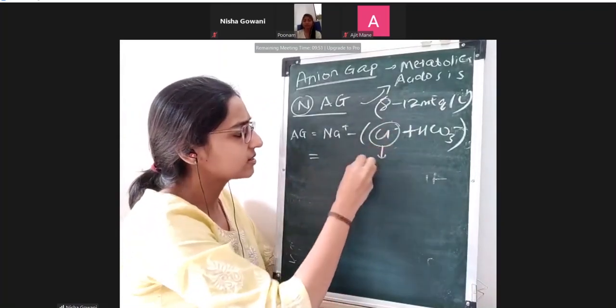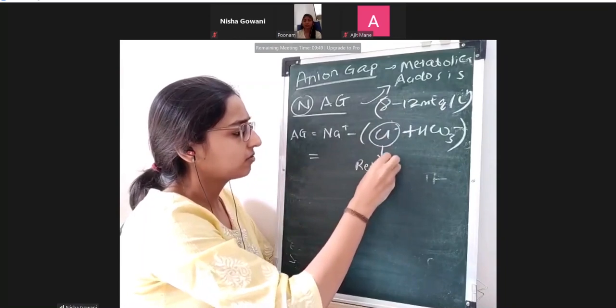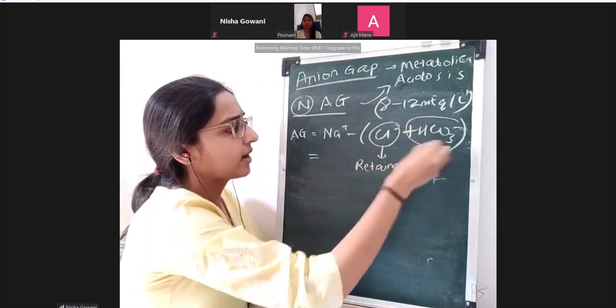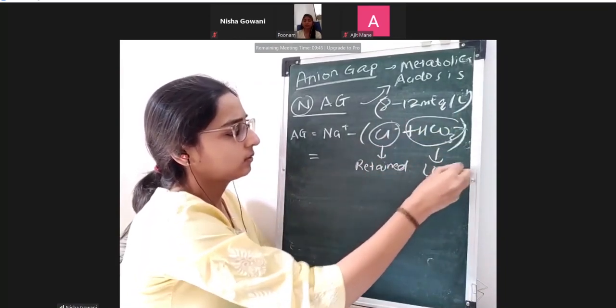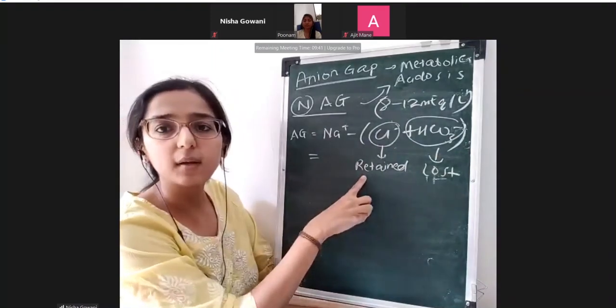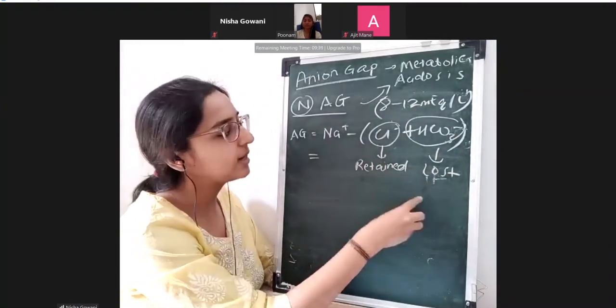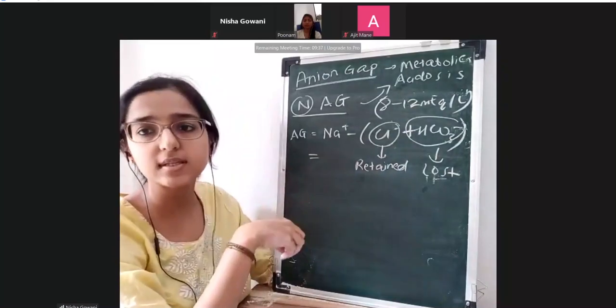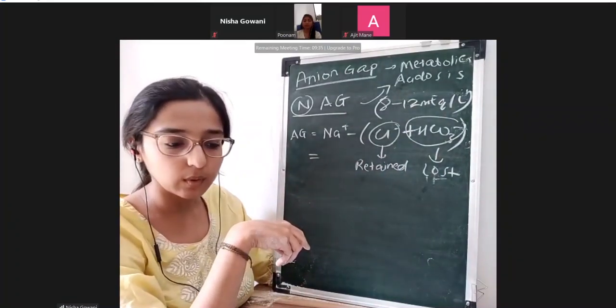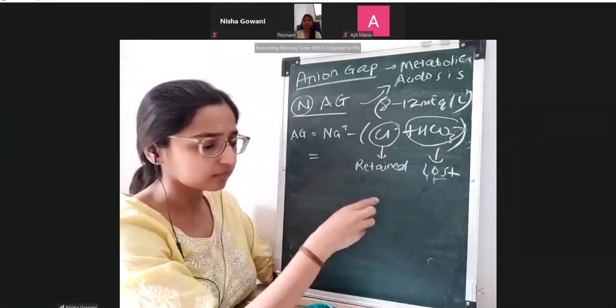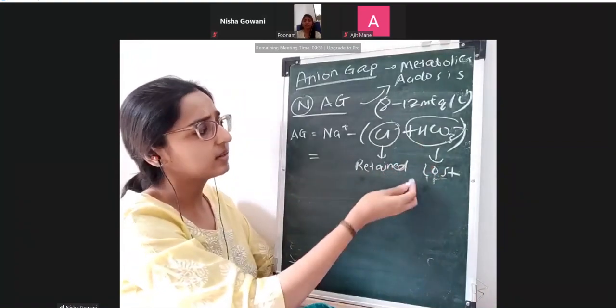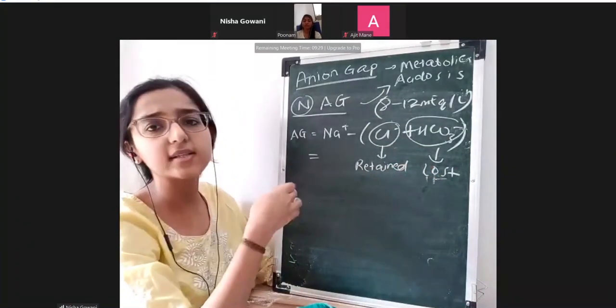So there is retention of chloride and bicarb is lost. So chlorides are retained, bicarb is lost. So what is happening? Ultimately, this sum total is the same. Okay. So whenever bicarb loss is occurring, there's a counter reaction and chlorides are retained.